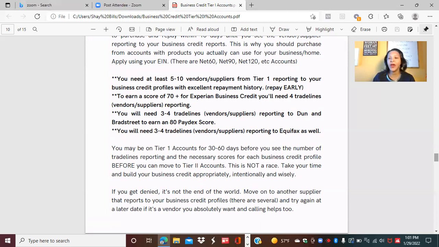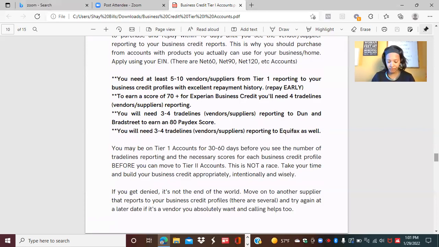To earn a score of 70 or higher for Experian business credit, you'll need 4 vendors or suppliers reporting. You need 3 to 4 trade lines reporting to Dun & Bradstreet to earn an 80 PAYDEX score. And you will need 3 to 4 trade lines reporting to Equifax as well.